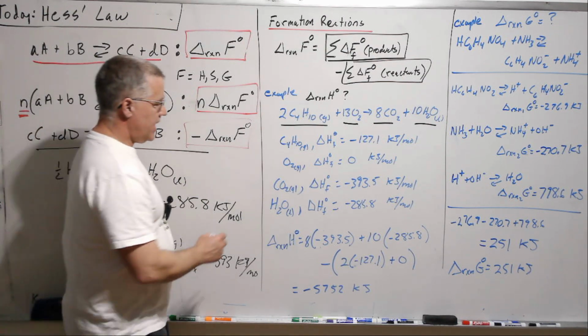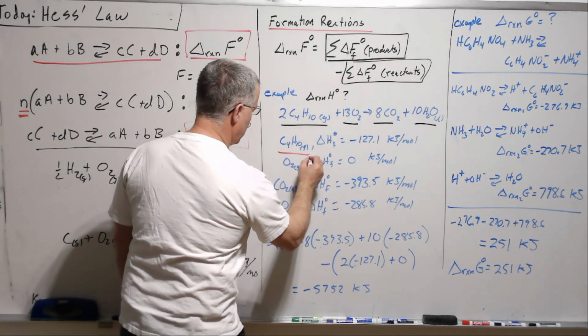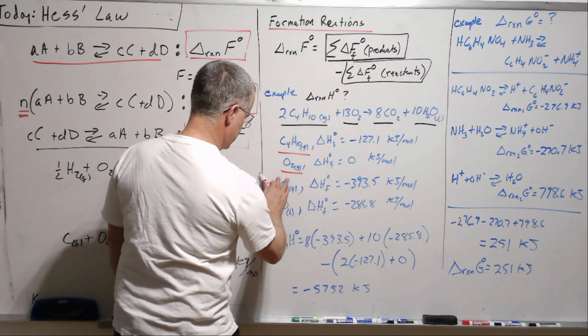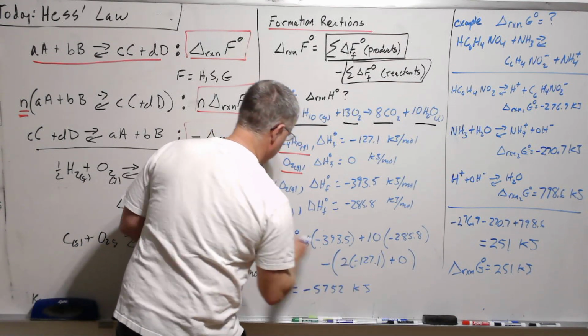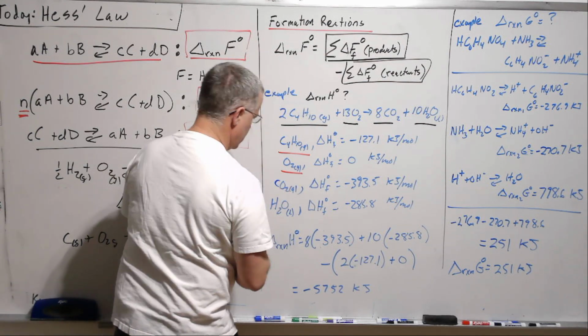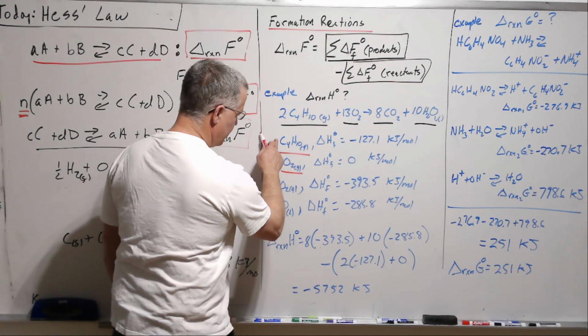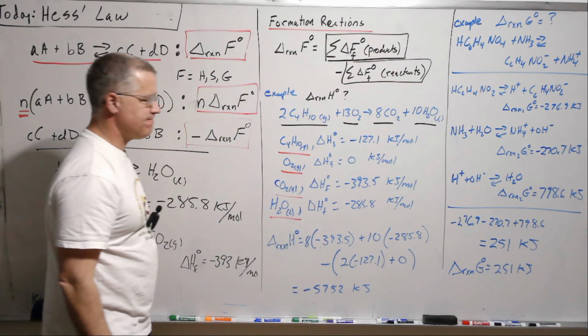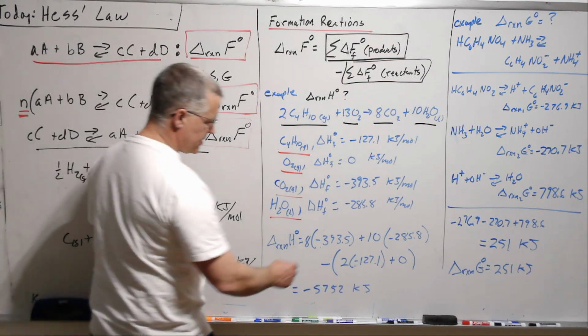Well, we collect all the species present. So butane, oxygen, carbon dioxide, water. Here are these numbers I had before.